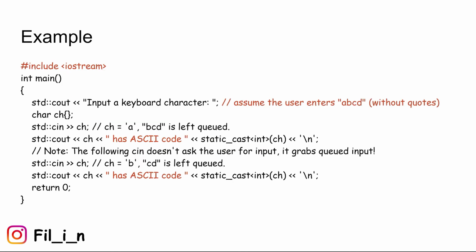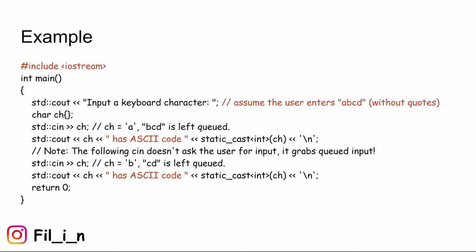#include <iostream>. int main. std::cout, input a keyboard character, assume the user enters ABCD, without quotes. char ch. std::cin >> ch, ch equals 'a', BCD is left queued. std::cout, ch has ASCII code, static_cast<int>(ch).